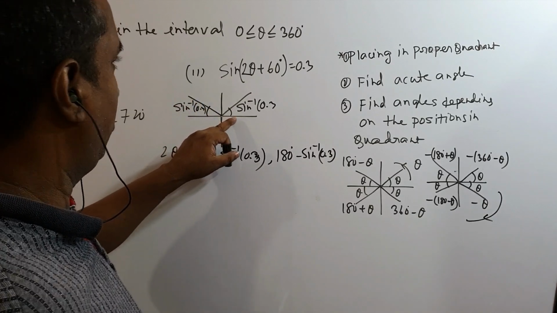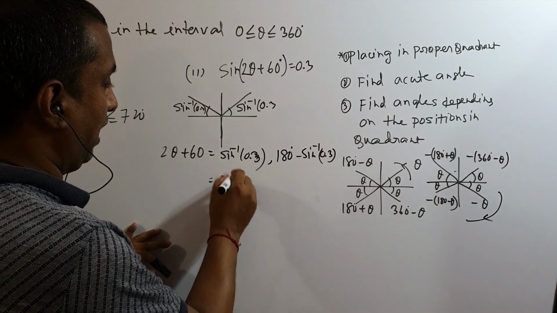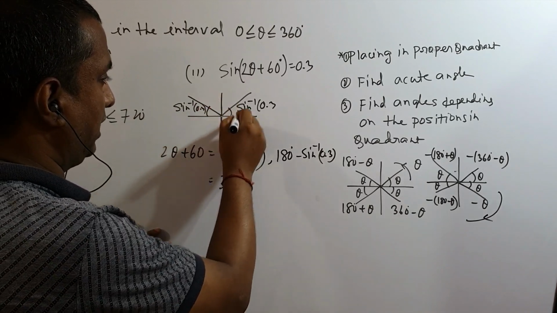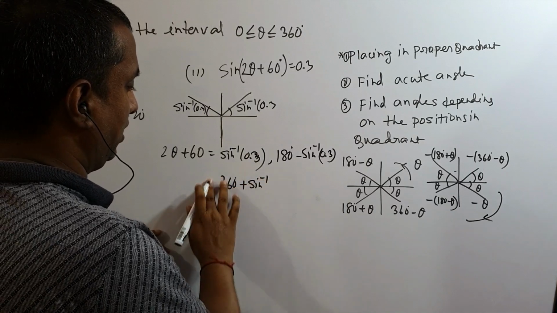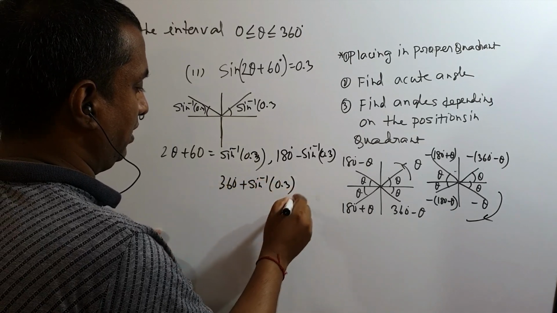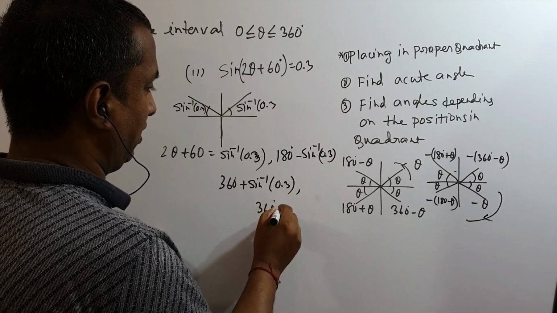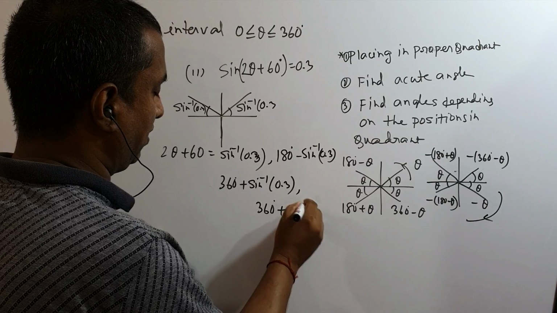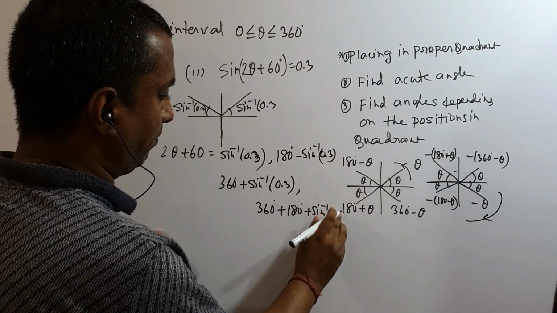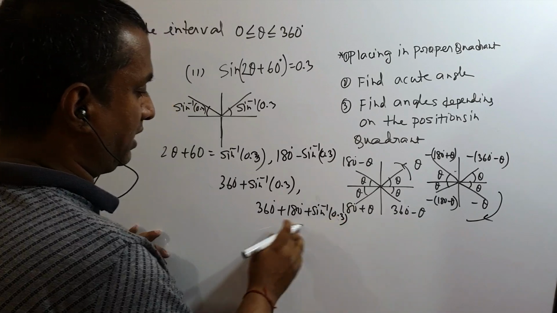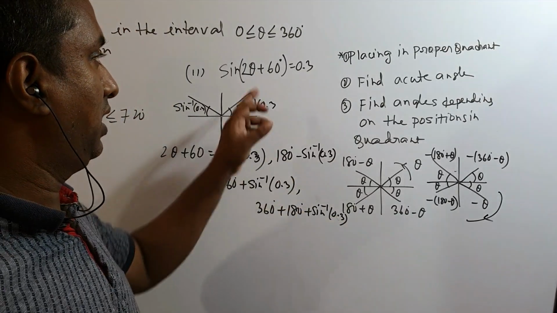After a complete rotation of 360, I go again: 360 plus sine inverse 0.3, and another one is 360 plus 180 minus sine inverse 0.3. Everything is the same as previous, but you added an extra 360 because there are 2 times rotation.